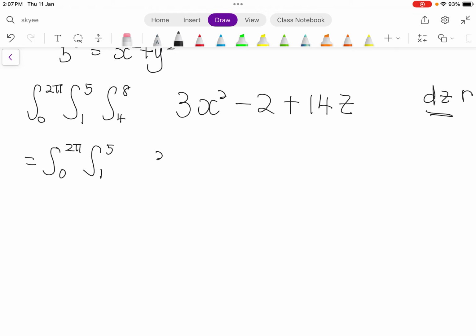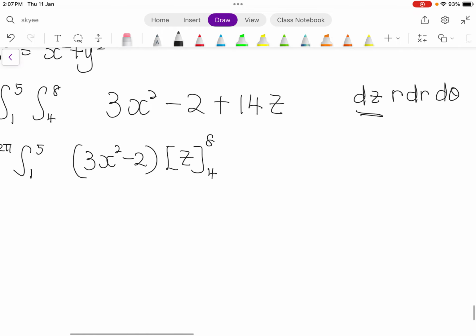So here it becomes 3x squared minus 2, and then you have the z, and this one is 14 z squared over 2, with limits 8 and 4.